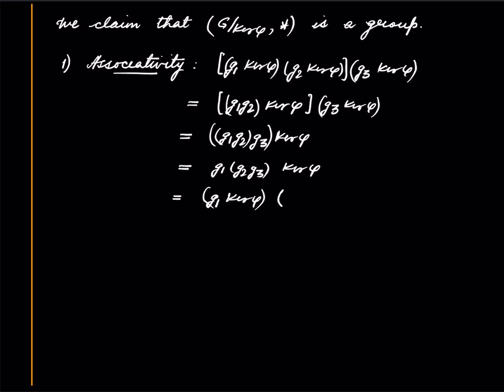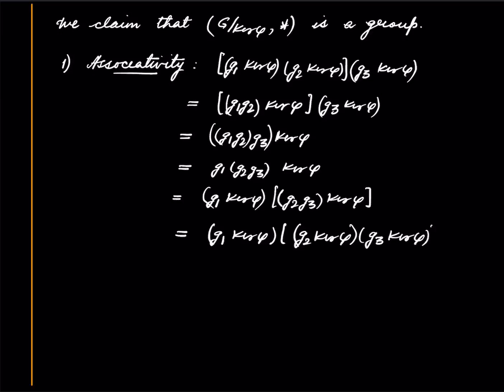Well, I did not write a star here. What I should do is write a star here, but I'm suppressing that, as we do. Which is equal to g1 kernel phi, g2 kernel phi, g3 kernel phi. So this shows associativity.